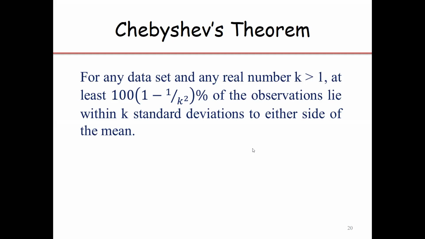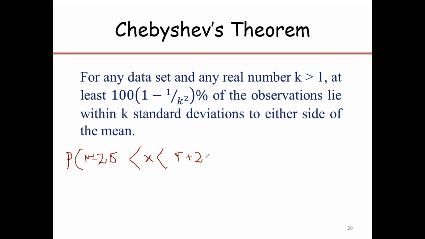What the Chebyshev inequality says is that it gives us the area, or the percentage number of observations, between the mean minus 2 standard deviations, 3 standard deviations, and so on. Suppose this is the mean and I subtract 2 standard deviations from the mean, I will have the lower number, and mean plus 2 standard deviations gives an upper number.